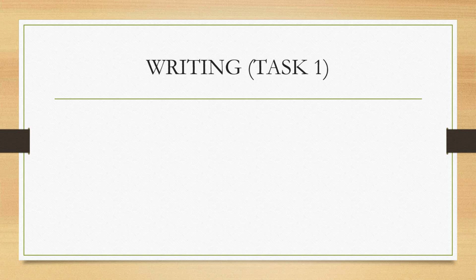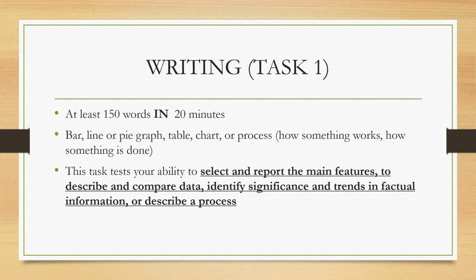And let's go further, make it a bit more detailed in task 1. What is writing task 1? You will have a minimum of 150 words, which you have to do in 20 minutes. What kind of information will you have there?